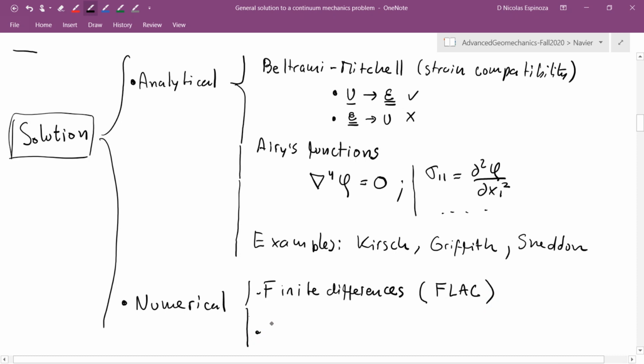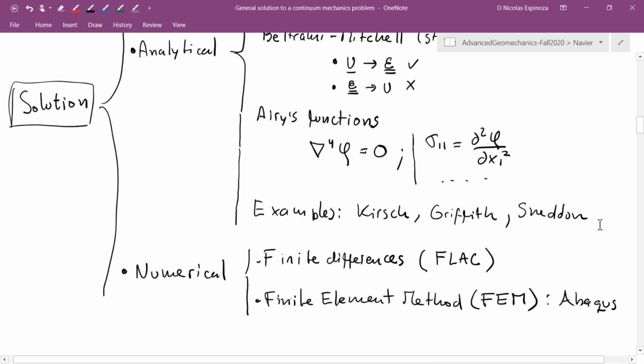Or you can use the finite element method, also known by its initials as FEM, and here, for example, you have software like Abaqus that looks for solutions of this equation, and what we're going to work with is a free software which is called FreeFEM++.